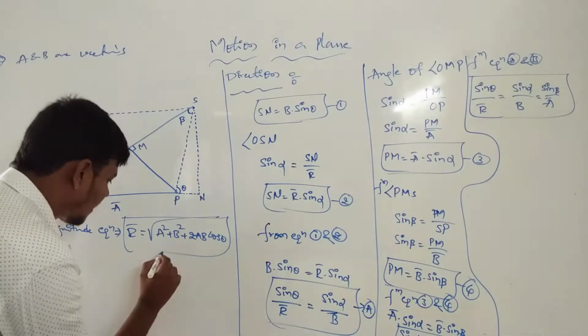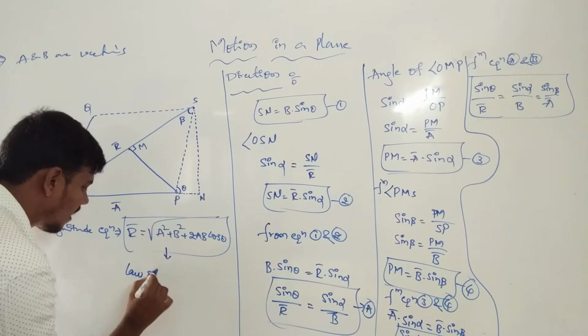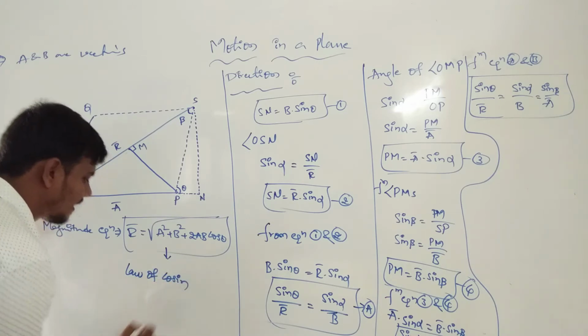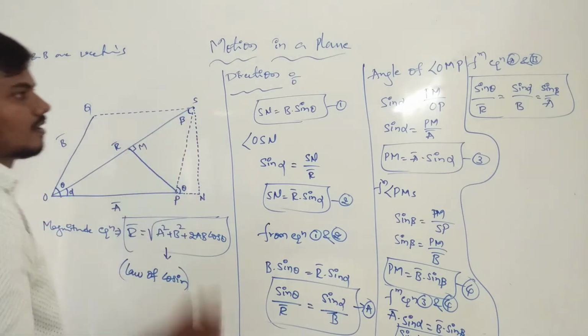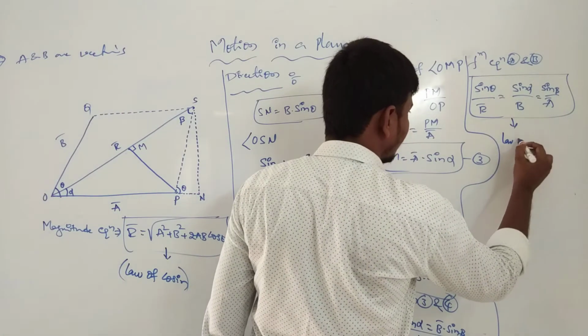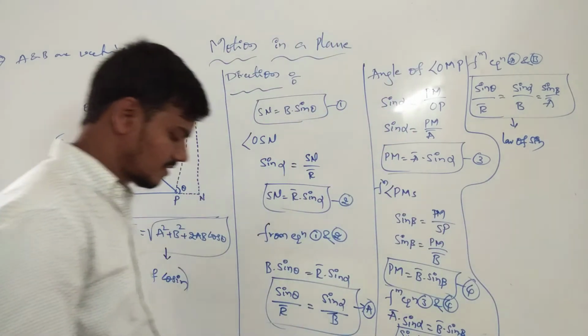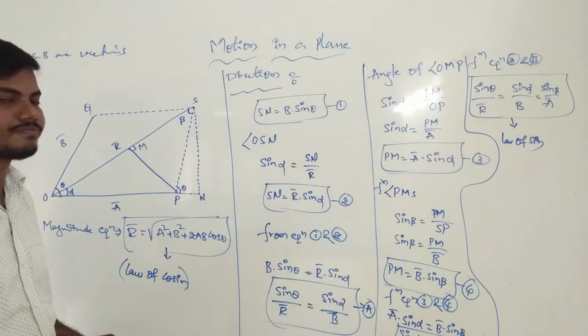Now this is the direction one. This is called the law of cosine. Clear? Now this one is the law of sine. Now this is for direction.